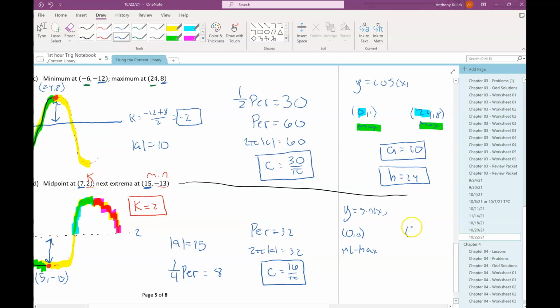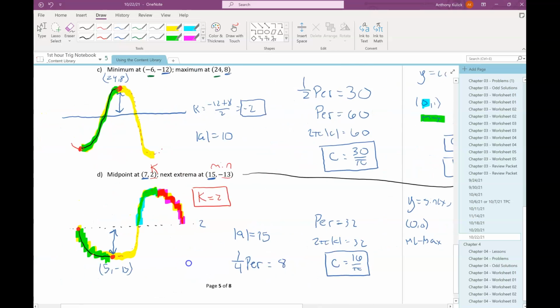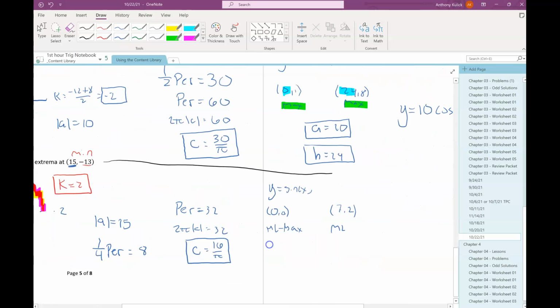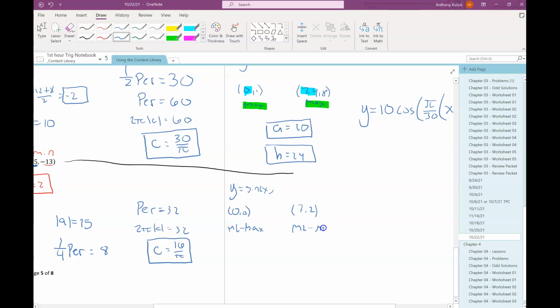I have to use (7, 2), because I've picked sine. So I have to use the midpoint. So in our problem, we have our midpoint here at (7, 2), and immediately to the right of that is a minimum. So this is the midline min version.